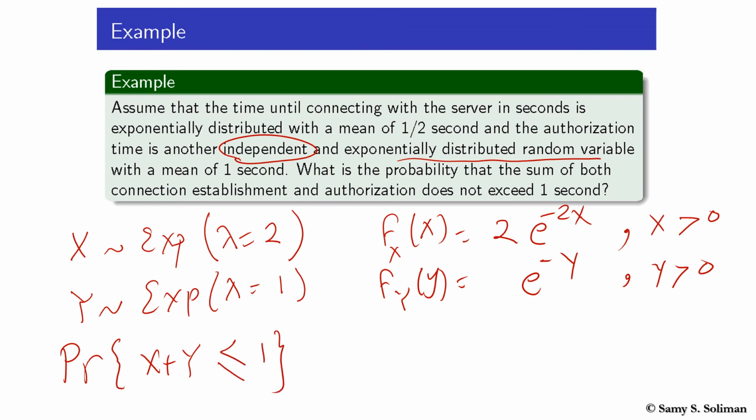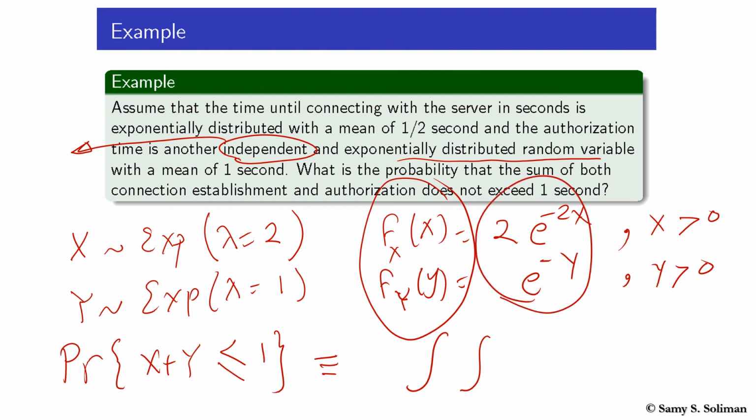In order to get this, we need to find the joint distribution. But since it was said that the two random variables, or the two times, are independent, then we can say that the joint distribution is the product of these marginal distributions. And the rest is straightforward, because this is an area in which x plus y is less than or equal to 1, so that can be easily translated into a double integral of the joint PDF, which is again the product of these marginal PDFs.